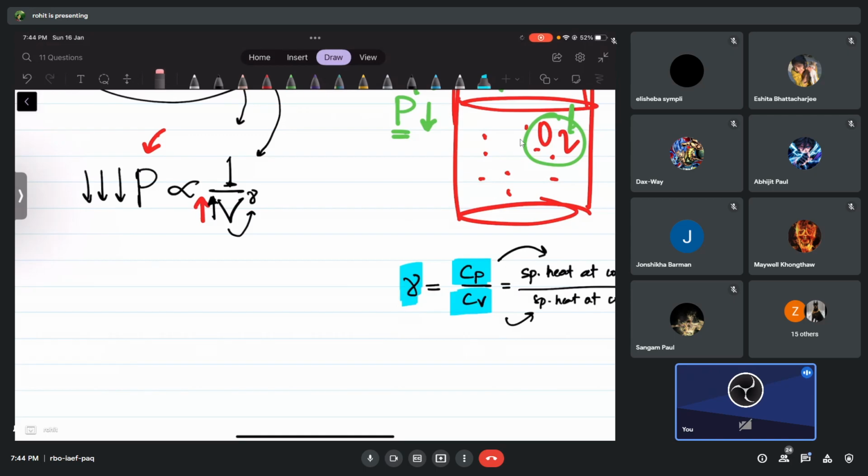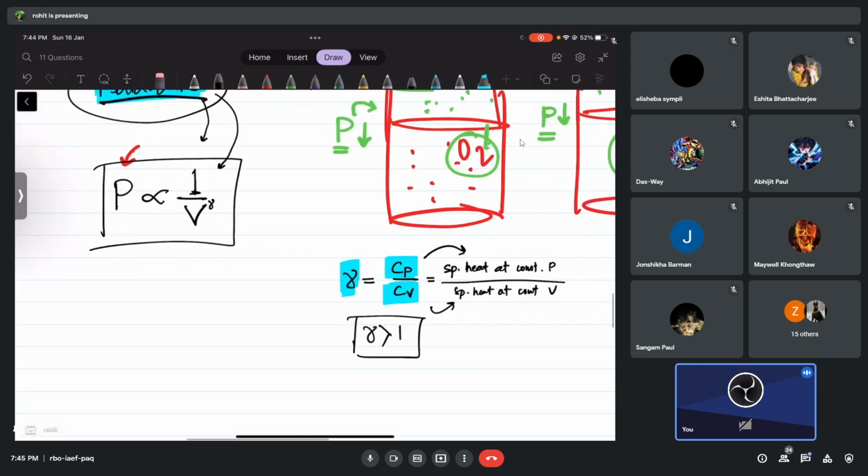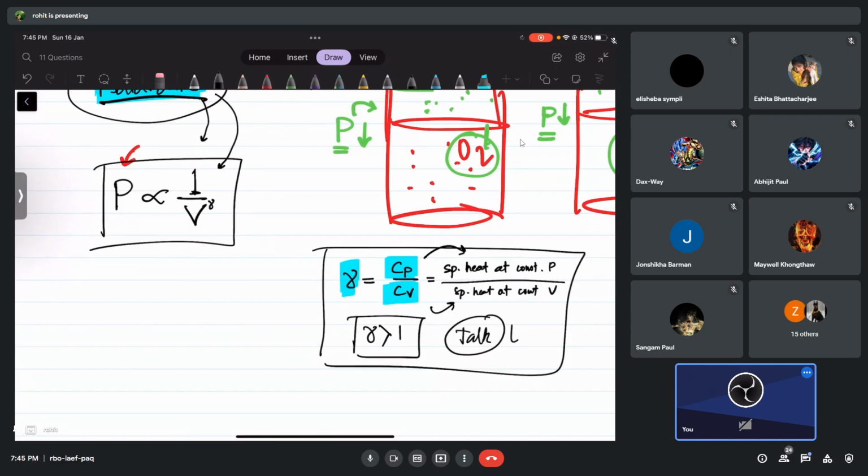If I just put V here, it doesn't decrease rapidly. That doesn't indicate mathematically that it decreases rapidly. But if I have volume to the power gamma, now it indicates that. By the way, I should write gamma is greater than 1. Always remember this. This is a small piece of information about gamma, I will talk about it later, not possible right now.